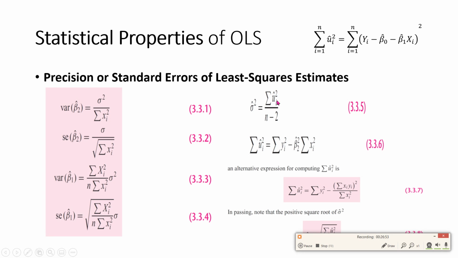Because if you look at ui squared, the residual squared, it is equivalent to yi minus beta naught hat minus beta 1 hat times xi. Here beta naught hat is an estimate of beta naught, and beta 1 hat is an estimate of beta 1. So we have two unknown parameters, therefore sigma hat squared is equal to the sum of ui hat squared divided by n minus 2. This is an unbiased estimator for the population variance sigma squared.